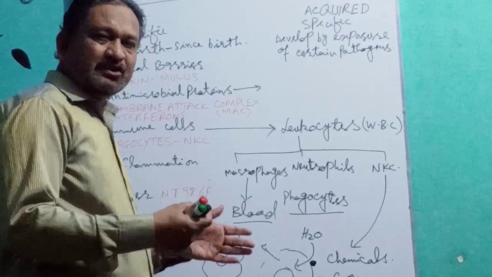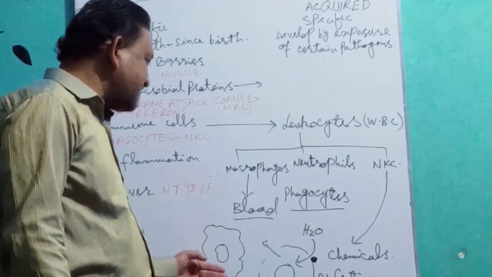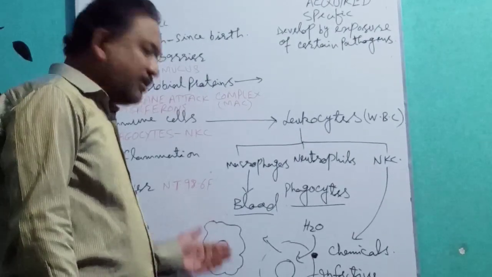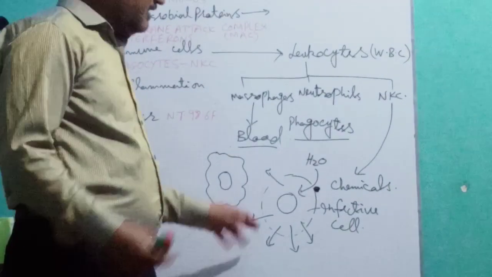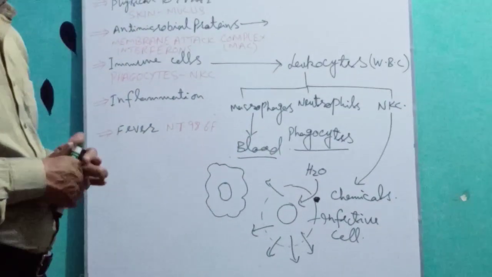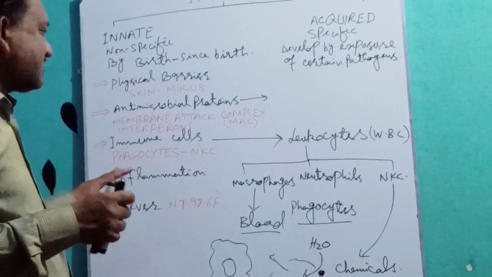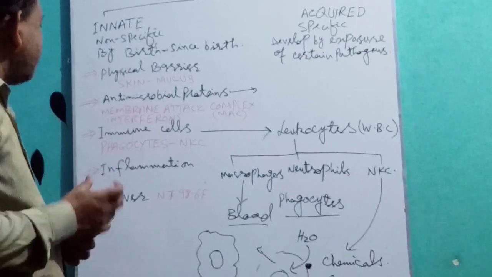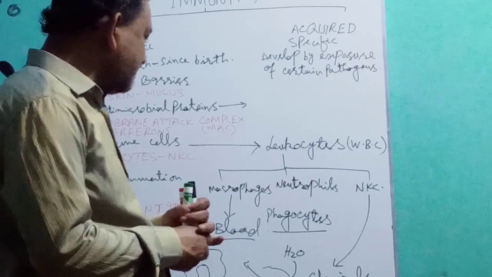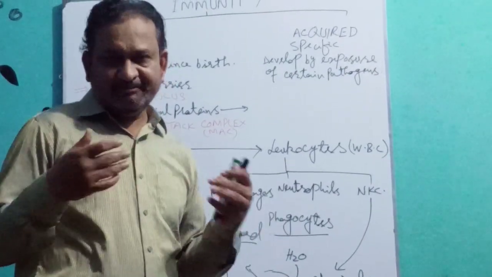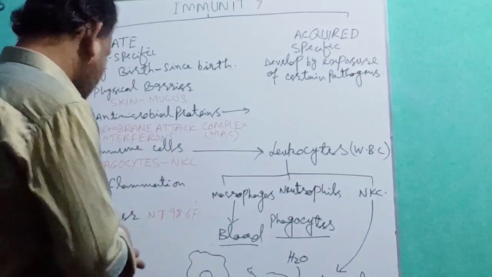So more and more monocytes develop into macrophages, and more macrophages are there at the site of infection, engulfing the microorganisms. So this is the killing or ingesting process of the immune cells, and macrophages and neutrophils are also making a bridge between the innate and acquired immunity.